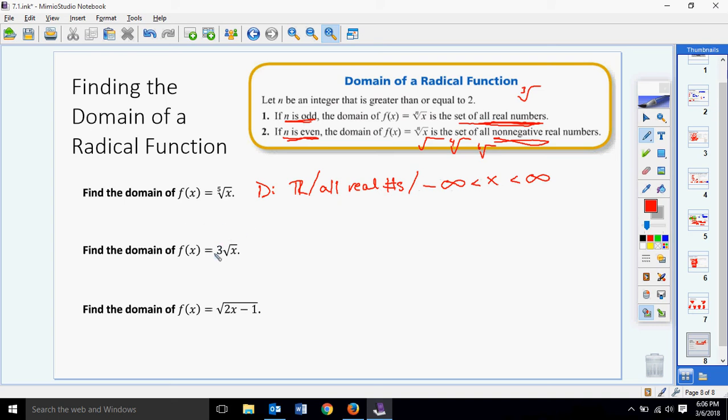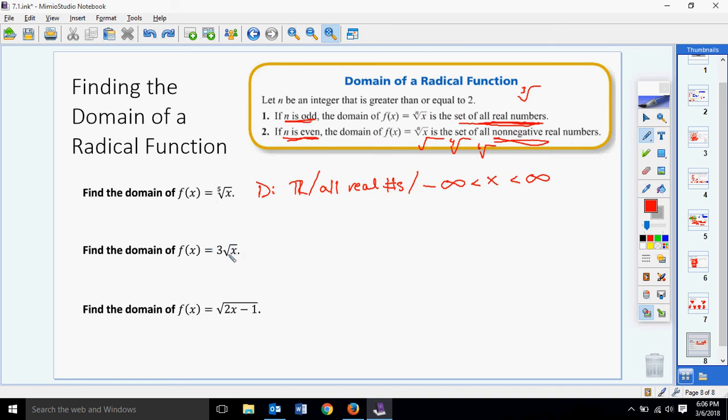Down here, I'm taking 3 times the square root of x. So my index is not 3, it's a 2. It's the square root when it's not written. So what we need to decide now is everything under my radical has to be bigger than or equal to 0. It can't be less than 0 because anything less than 0 is negative.